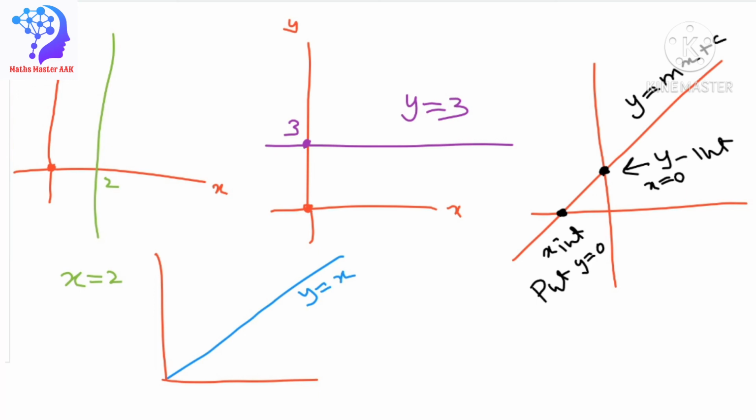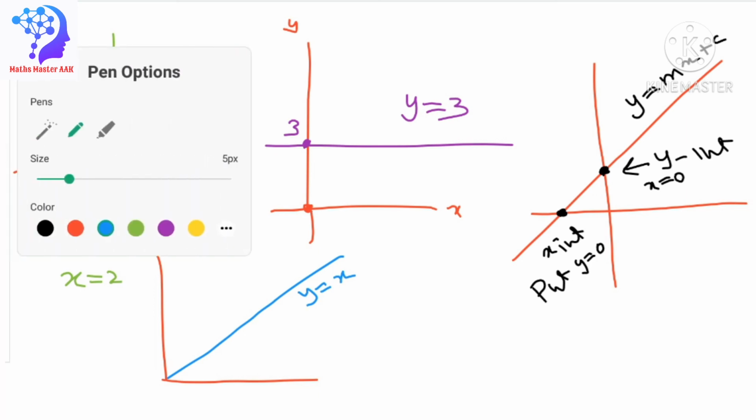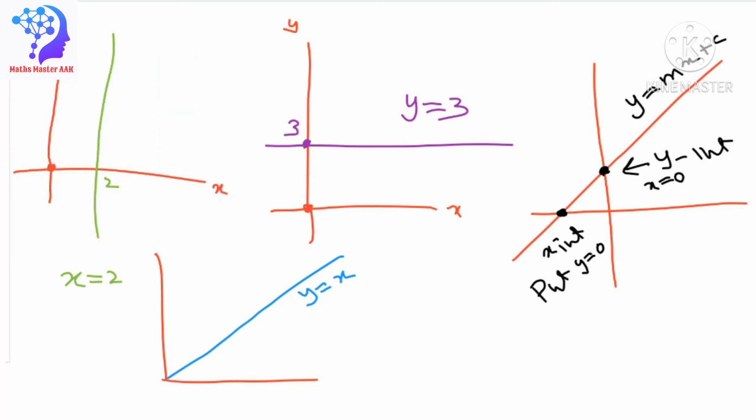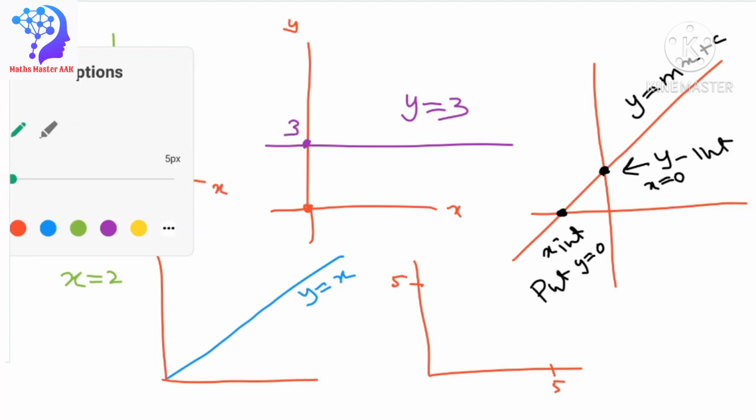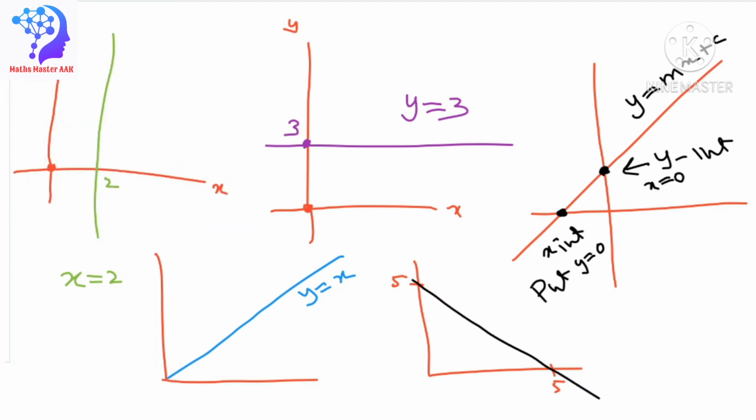And if the line passes through the same point on both axes, let's suppose this point 5 and this point 5, a straight line passing through these 2 points, the equation of this line is x plus y is equal to 5. So these are a few equations of straight line graphs.